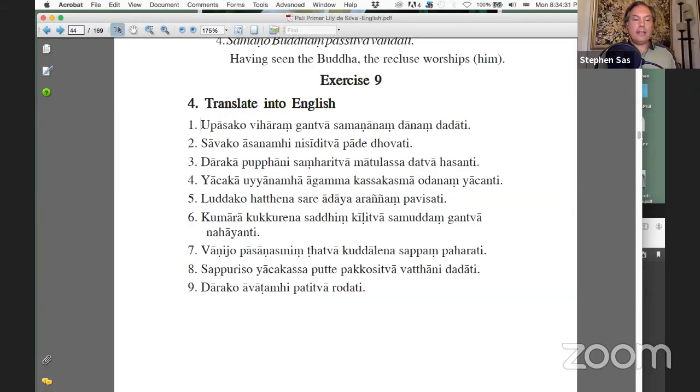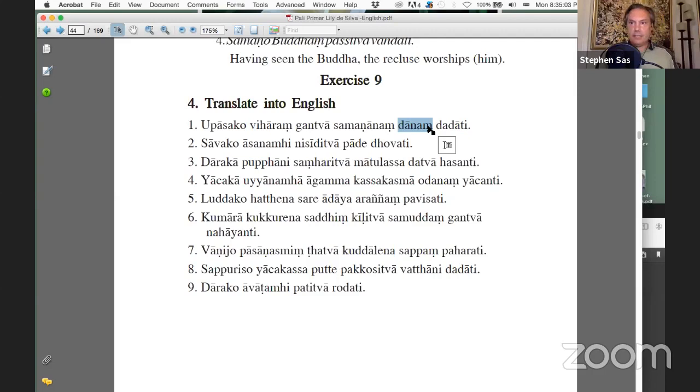So having gone to the monastery, and notice that the object of that going lies right next to it. The lay disciple gives, that's the dadati, this is the finite verb, alms, that's dana, a word you probably all know, which is directly related, as you can see, to the verb dadati. And so the root of this verb is da, D and a long A.